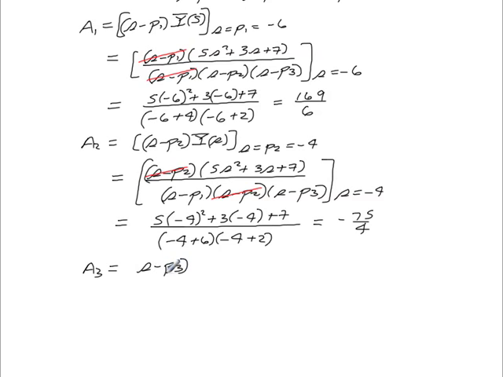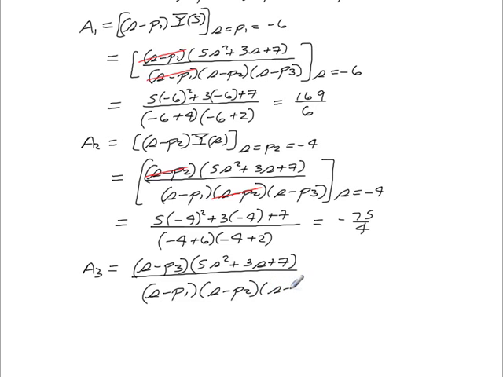Repeat the same process again for A3. This is (s minus p3) times Y(s), and Y(s) again is 5s squared plus 3s plus 7 divided by our factored form, s minus p1, s minus p2, s minus p3.